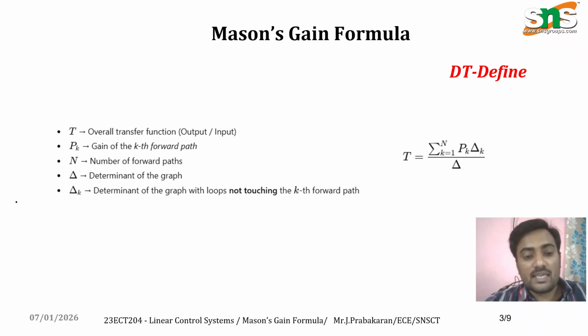P_k represents the gain of the kth forward path, and capital N represents the number of forward paths. Delta represents the determinant of the graph. We have discussed this Delta in the previous video. Delta_k represents the determinant of the graph with loops non-touching the kth forward path.